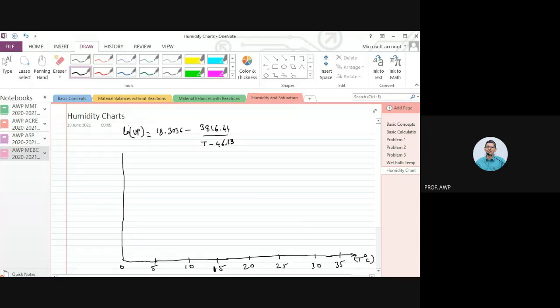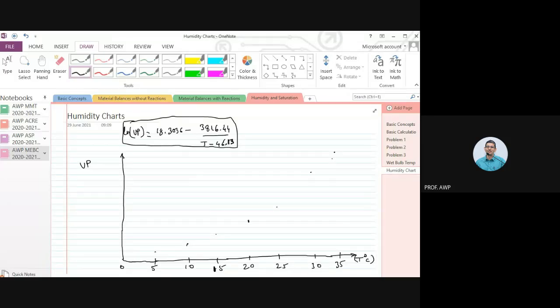So we will find vapor pressure at 5 degrees centigrade, plot that point. So y-axis, we are going to plot vapor pressure. 10 degrees centigrade, use the Antoine equation, plot that point. 15 degrees centigrade, use the Antoine equation, plot that point. 20 degrees centigrade, calculate the vapor pressure with the Antoine equation, plot that point. 25, 30, 35 degrees centigrade, we are going to plot those points. Is that okay? Is everybody understanding what we are doing?